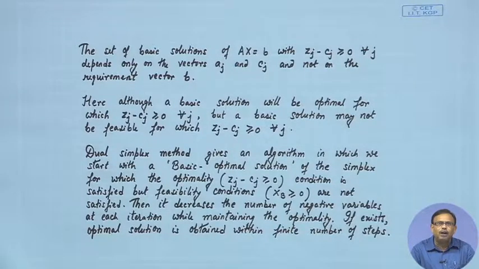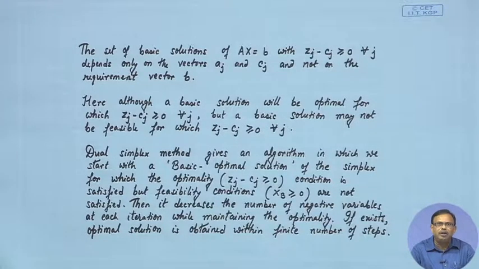So, whenever we find a basic optimal solution, it ensures that the optimality condition, that is Zj minus Cj, will always be satisfied, but the feasibility condition, that is non-negativity of the decision variables, or in other words x b greater than equals 0, may or may not be satisfied. Then it decreases the number of negative variables at each iteration while maintaining the optimality.